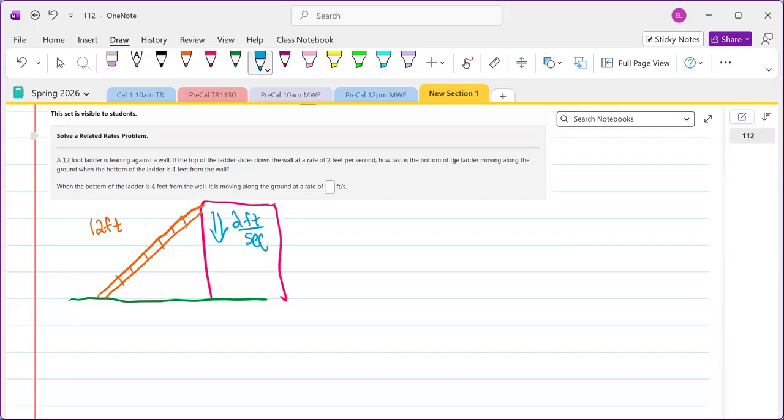How fast is the bottom of the ladder moving along the ground? If the top of the ladder is sliding down, then the bottom should be going out as the top slides down. So this one is going to go outwards this way, but this is our question mark feet per second.